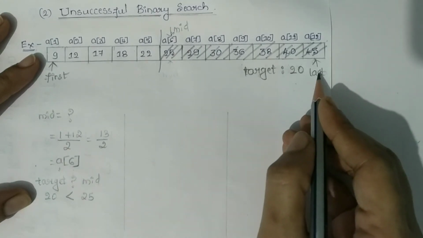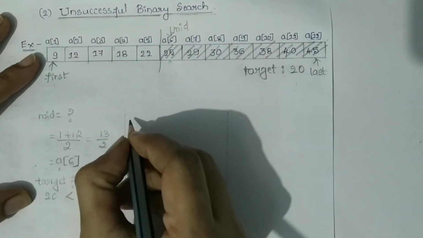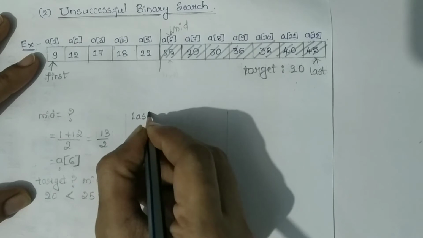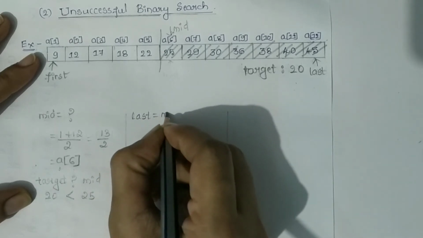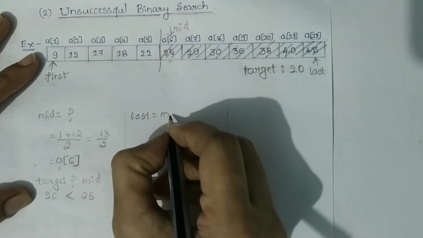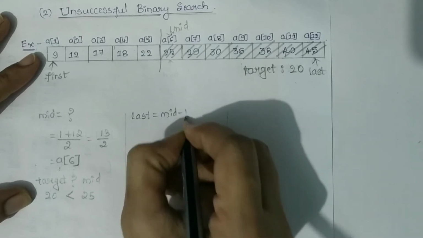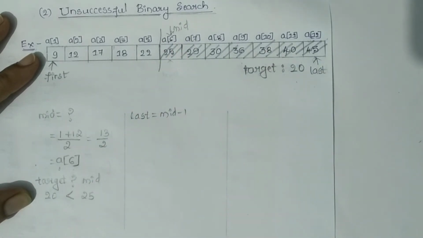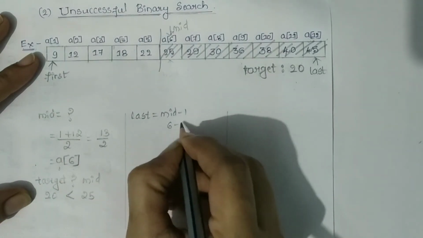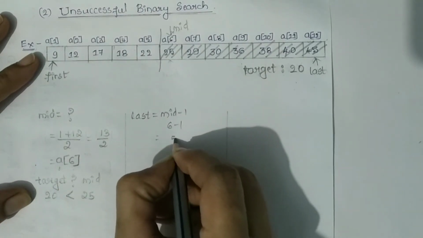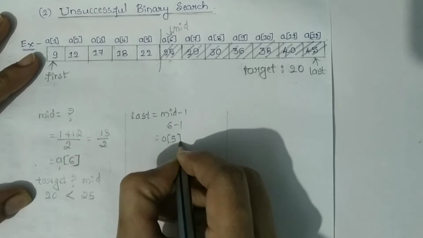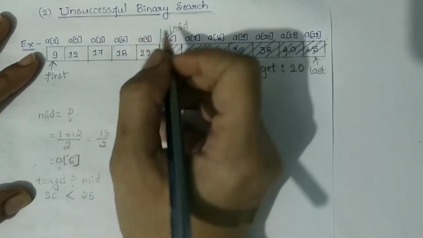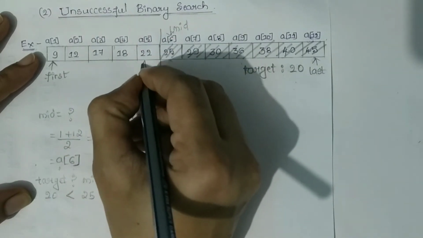So what do I have to do here? I have to assign last equals mid minus 1. That is 6 minus 1 is 5. So array of 5 is now the last of the list.